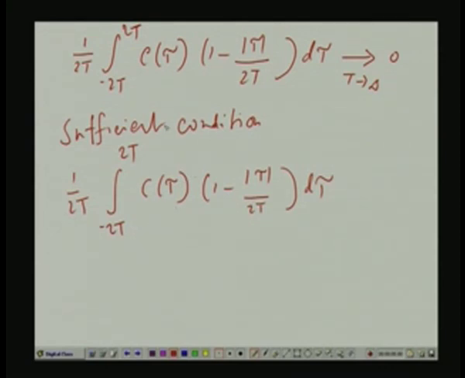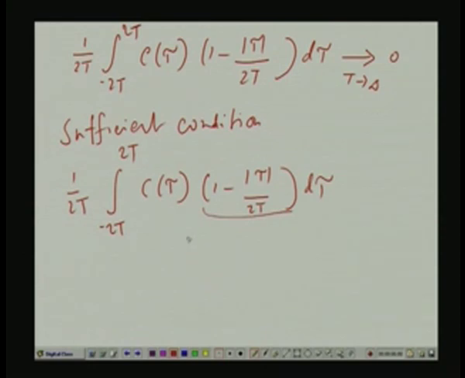That means this factor is never negative. For any tau, this 1 minus mod tau by 2 T is always non-negative, lying between 0 to 1, but C tau can be negative. So, instead of C tau, I put mod C tau. Obviously, the net integral will be higher because there is no negative value. This term is non-negative, and the other term C tau, I take only its mod value. So, obviously, the product is always positive. So, the integral becomes larger than what we have here.